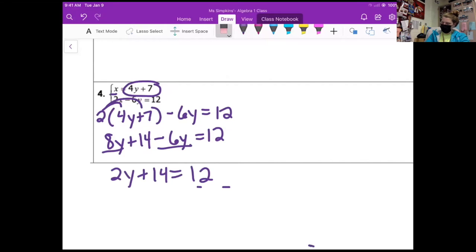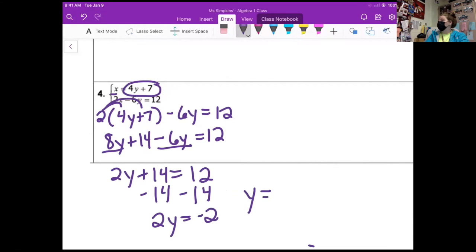Huh? Oh, it's a minus, yeah. Got to pay attention to the signs. Then we would subtract 14 to get 2y equals -2. So y would equal -1. You're so smart.